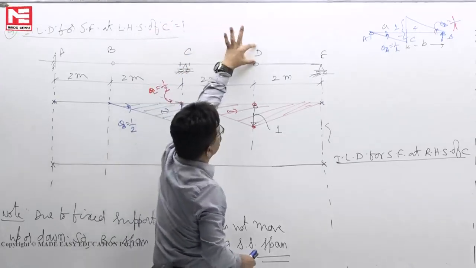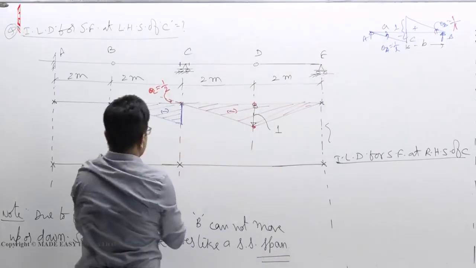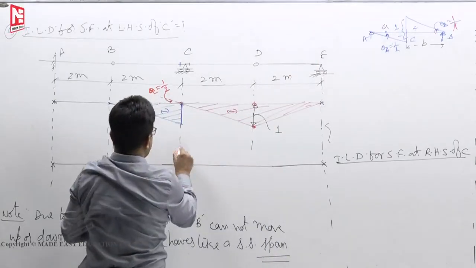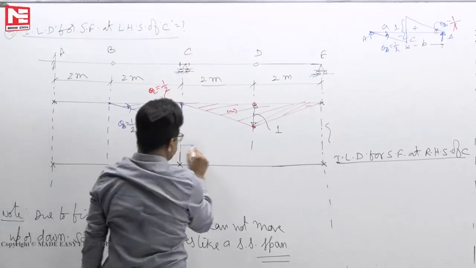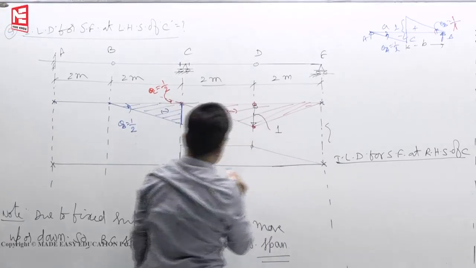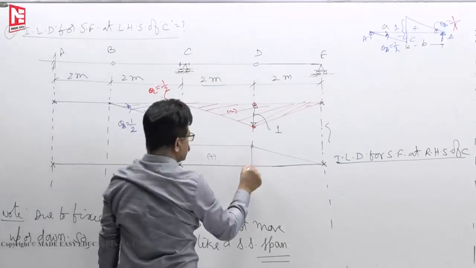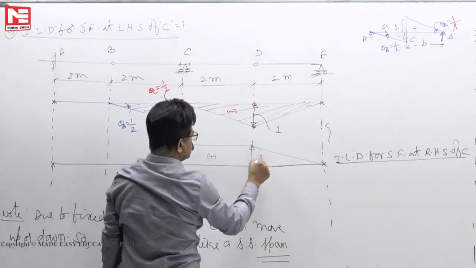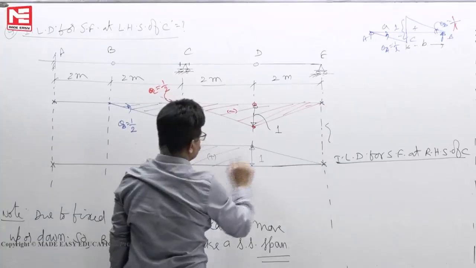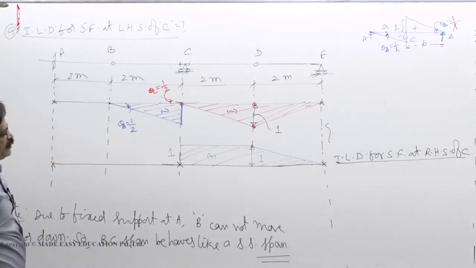So, it behaves like a rectangle. Then D goes up, and this comes down. It goes up in a straight line, then comes down like this. This is plus 1, this is also 1. This is the ILD for shear force at RHS of C.